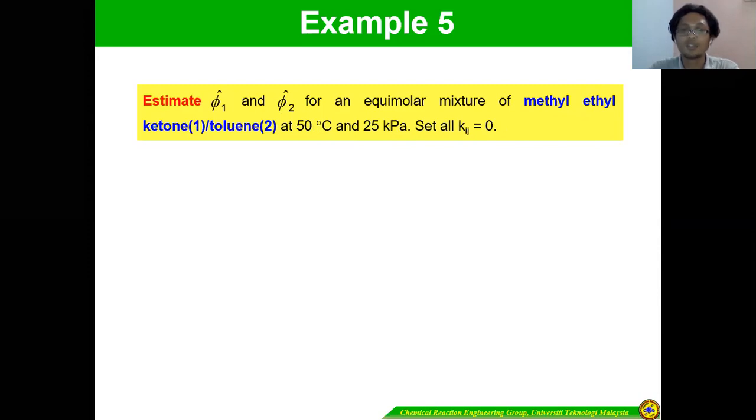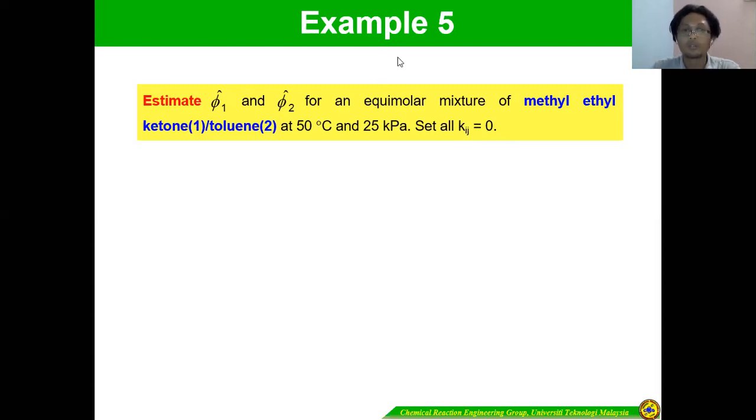If it's not given, you can assume Kij equal to 0. If it's given, you have to use it to calculate TCij, the critical temperature, for both components. How can we start?